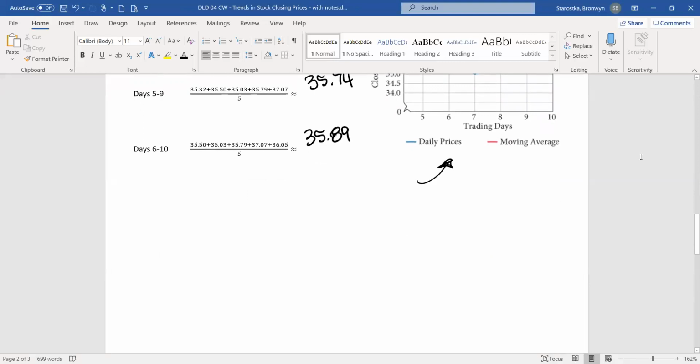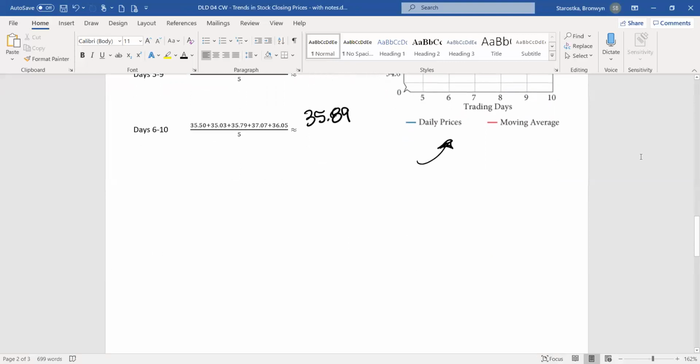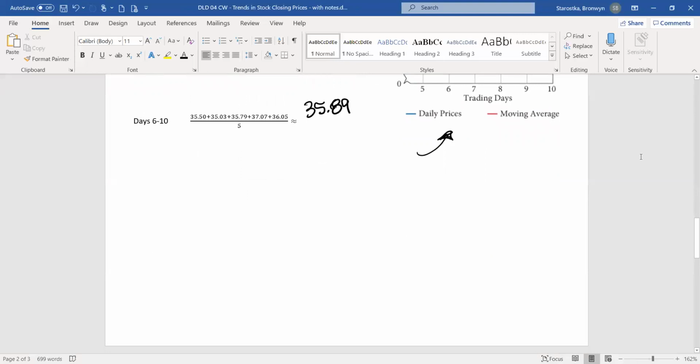So the move that we're making occurs by, what are we doing each time?